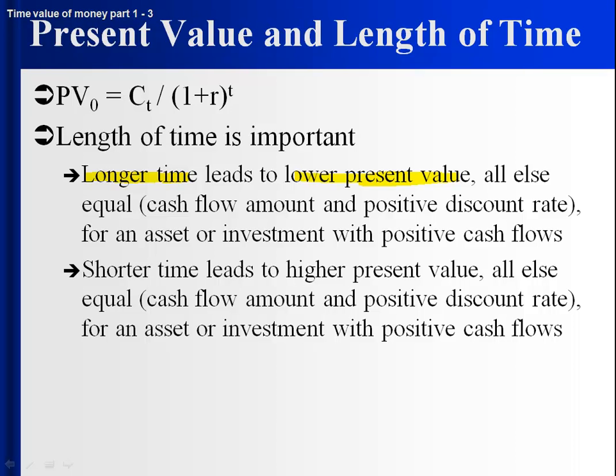They all had no risk, so they had the same level of risk, and students almost always, if not always, recognize that the longer I have to wait to get my $100,000, the less valuable that piggy bank is. The sooner I get my piggy bank, the more valuable that piggy bank is. So basically, all else equal, as t increases, then present value decreases.